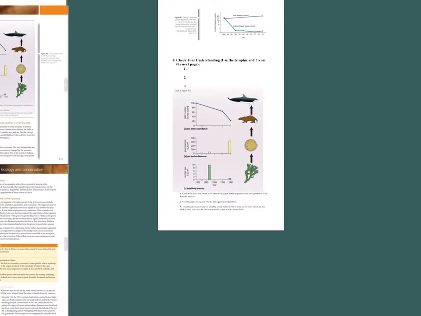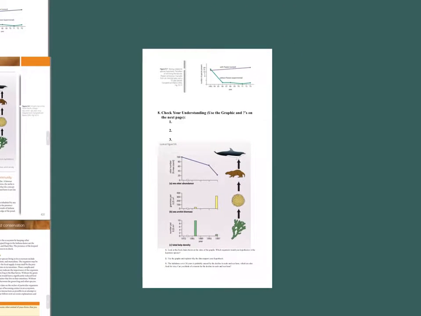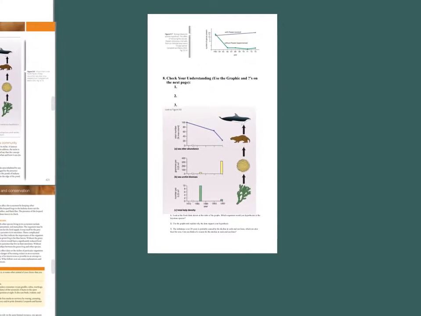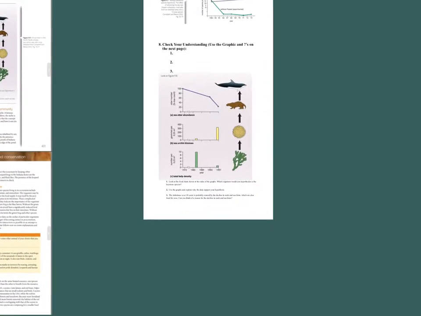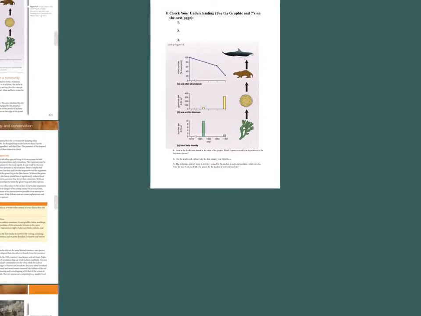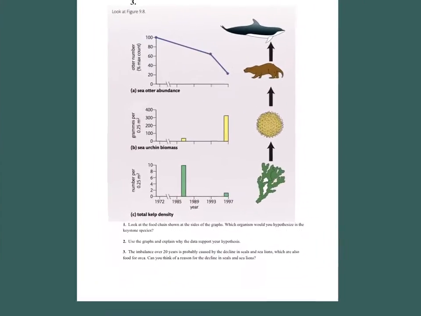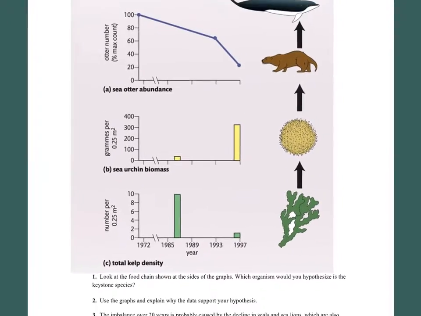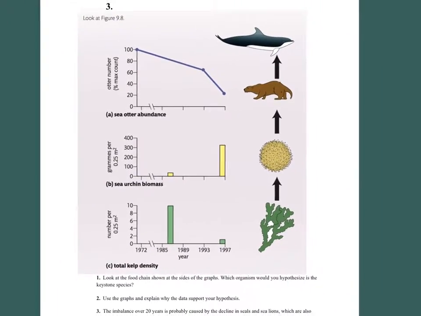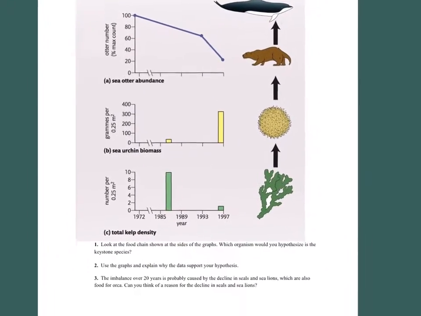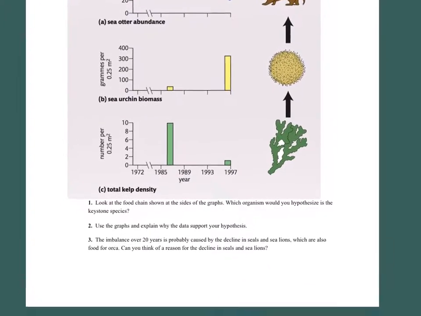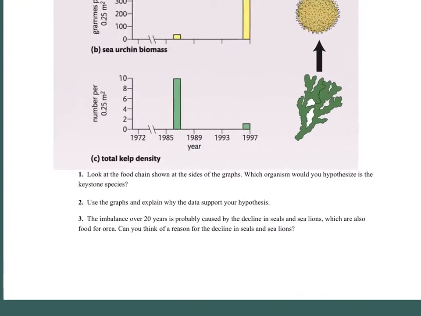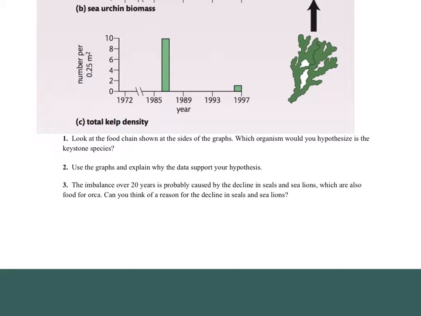So let's go to a little more data interpretation. So you're going to use this graphic to answer the following questions. Look at the food chain shown in the graph. Which organism would you hypothesize is the keystone species?